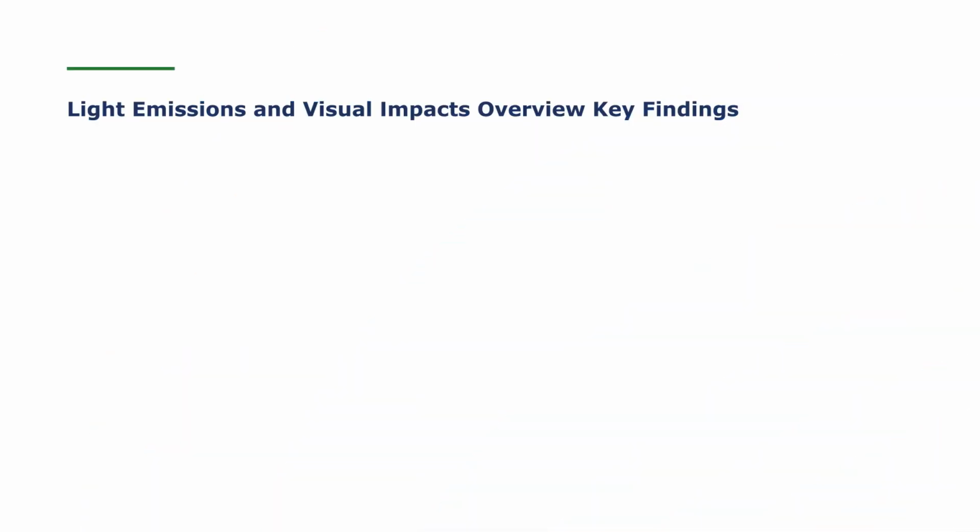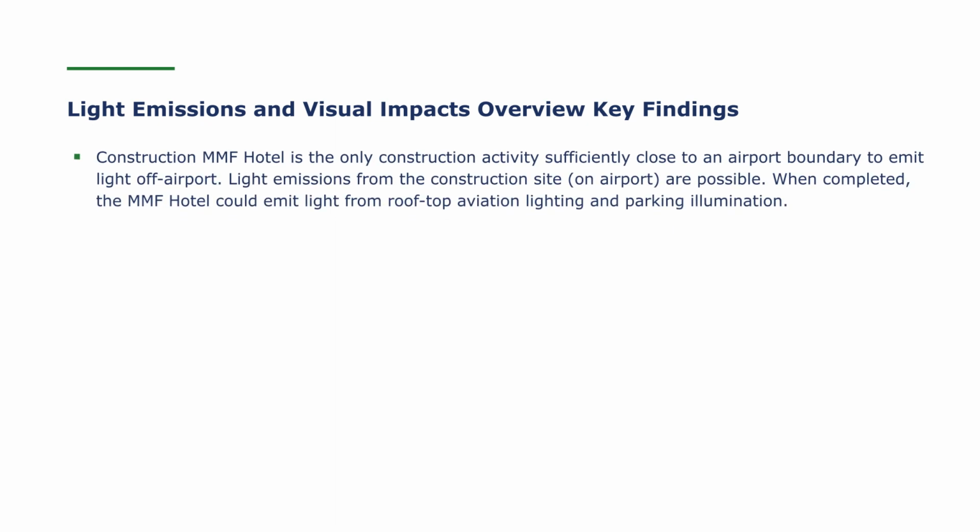Potential visual impacts from light emissions would be associated with the on-airport non-aeronautical projects like hotels and the air traffic actions. The multimodal facility hotel would be on airport property but near the airport boundary, and light emissions during construction are possible. Illumination of the hotel parking areas, the building, and rooftop lighting and signage would be anticipated upon completion of construction.